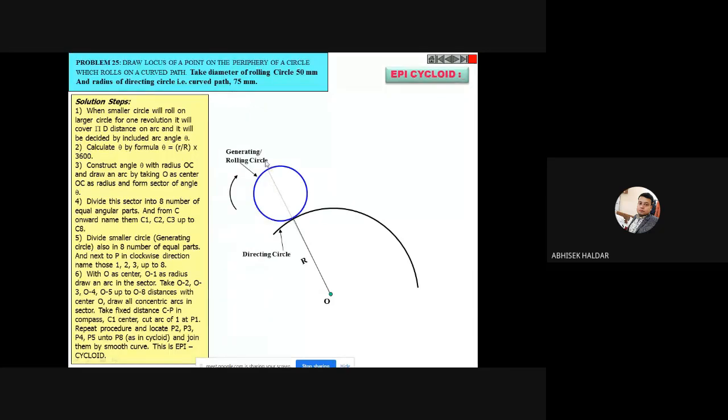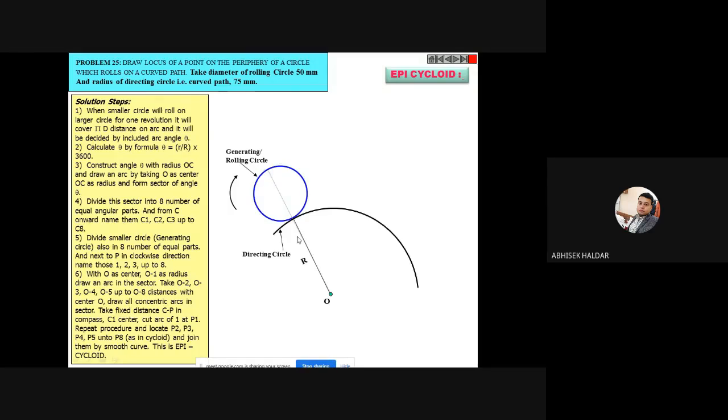Now you see, take the diameter of the rolling circle, 50 millimeter. What should be the radius? 25 millimeter, that means 2.5 centimeter. So from where should I take the 2.5 centimeter so that I get the center of the circle?